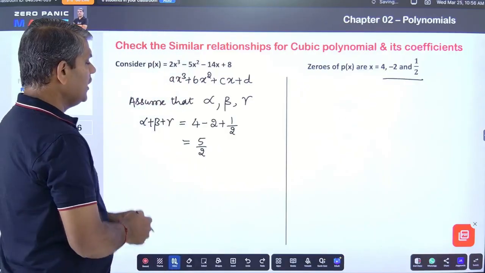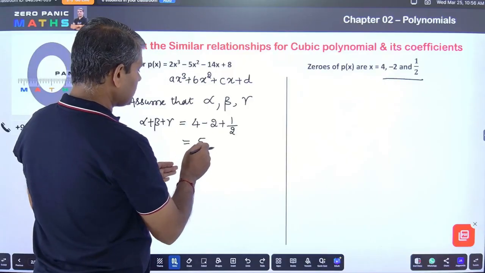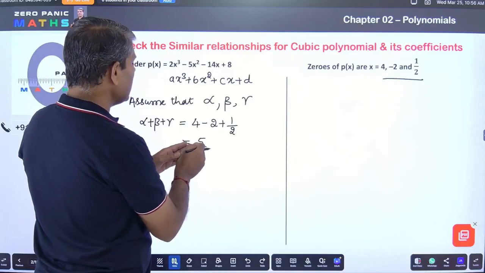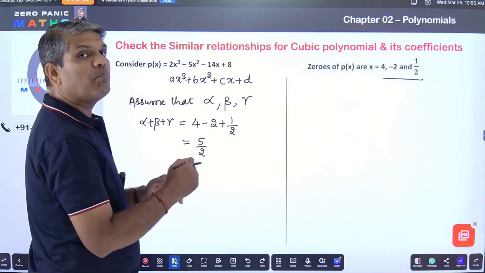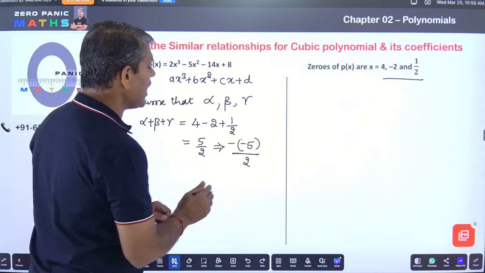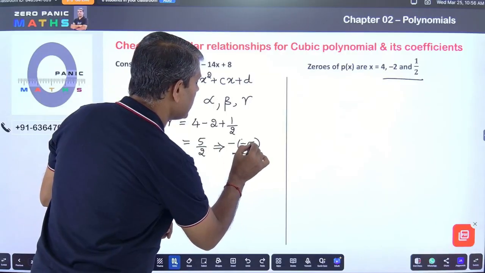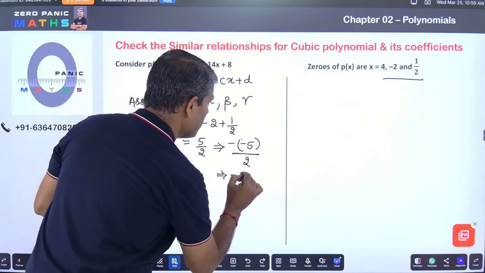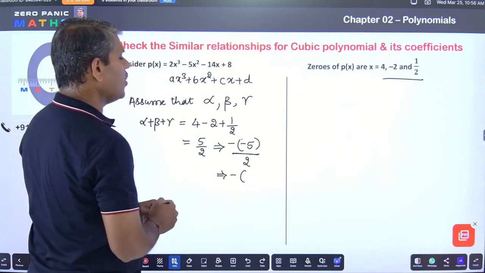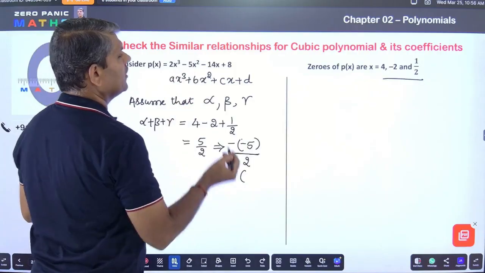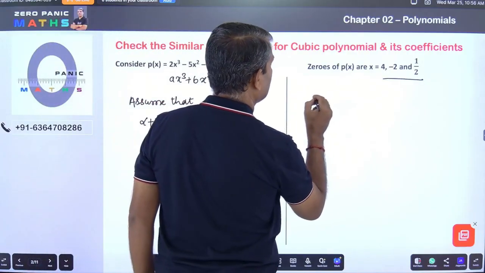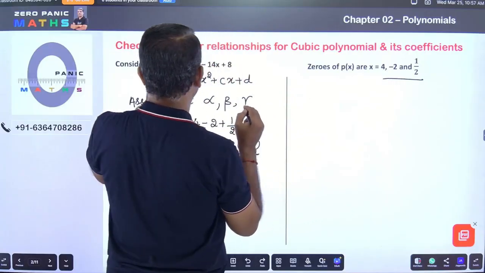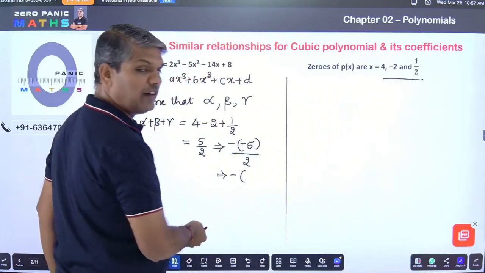Now 5 by 2, since I need to represent this in the form of minus b by a, I am writing this as minus of minus 5 by 2. So what is b here in this given? Let us write a, b, c, d first out of the cubic polynomial so that we can verify the values.